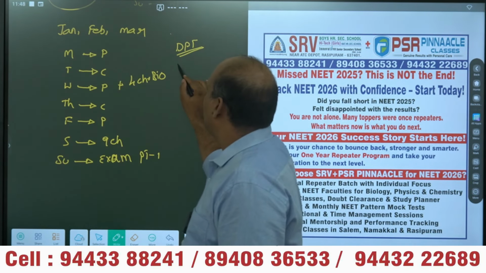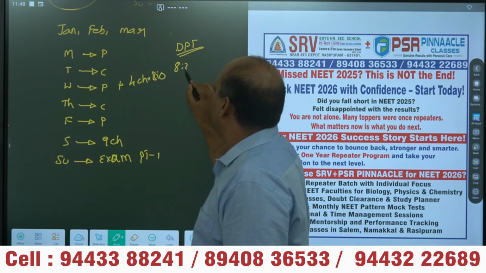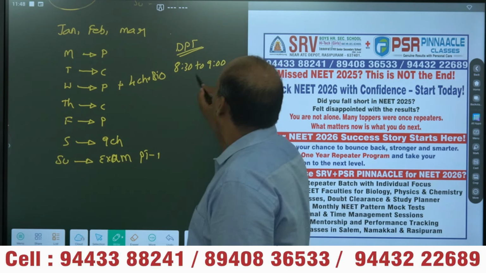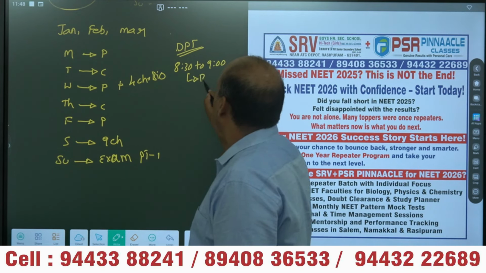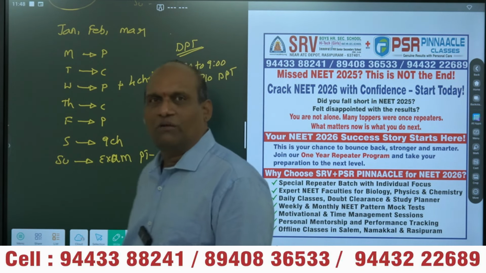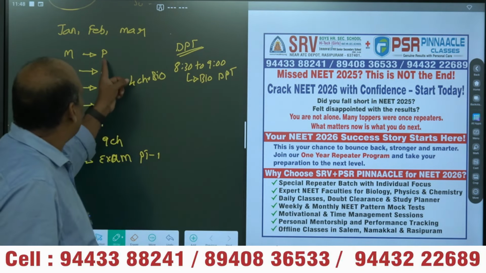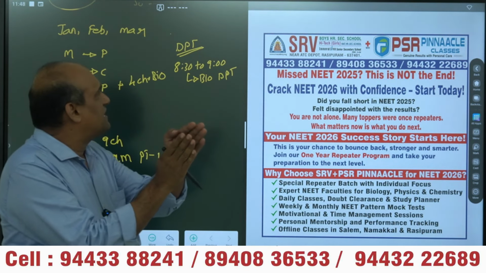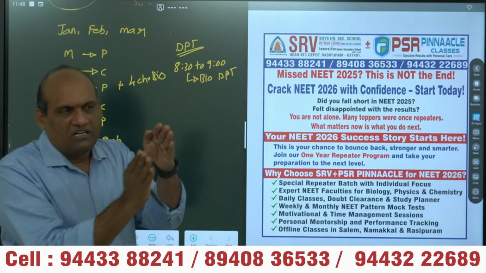Morning 8:30 to 9 o'clock you have to write the bio DPT, the biology exam. Every day you have to write the bio DPT, and on this particular day, say for example chapter 1, you have to read from 9 o'clock till 7 o'clock in the evening.